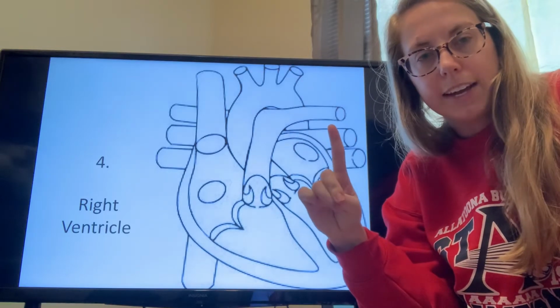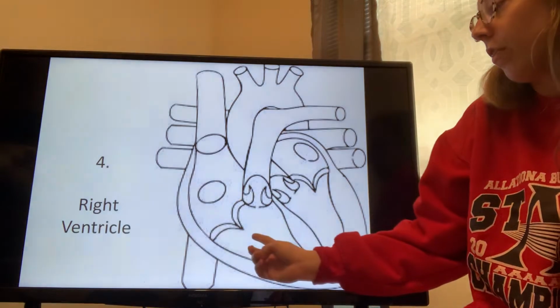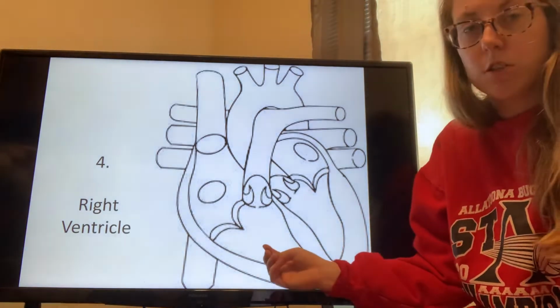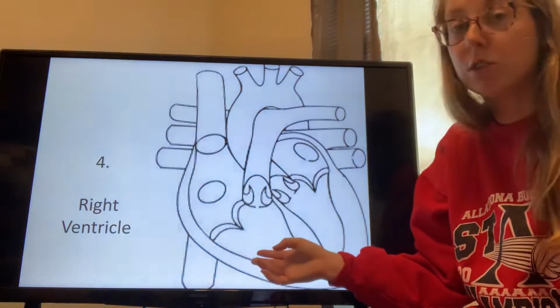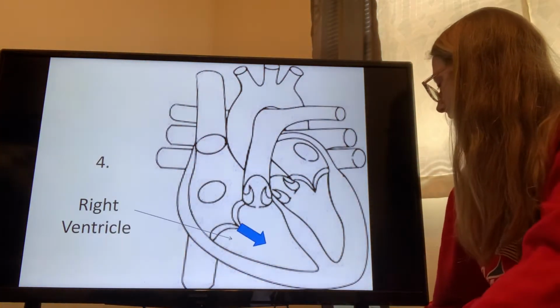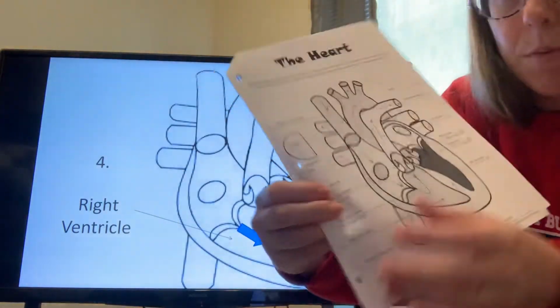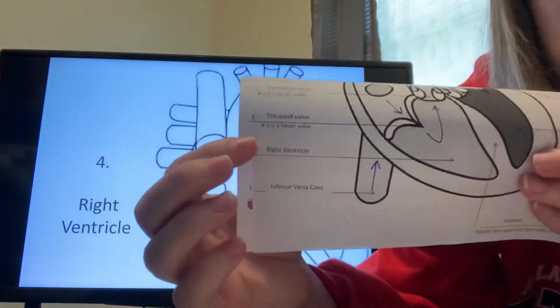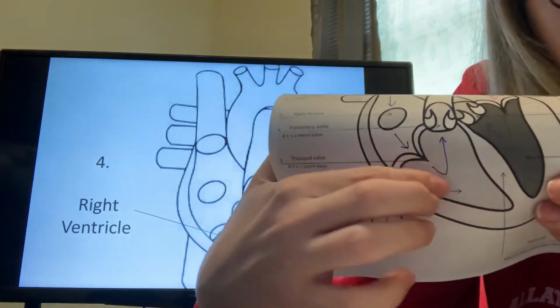Okay? Then we go to the right ventricle. It's also going to stay on the right. So we went from right atrium to the right ventricle. That's where the right ventricle is. So if we see that when I printed it off, it becomes this lighter gray section, okay?